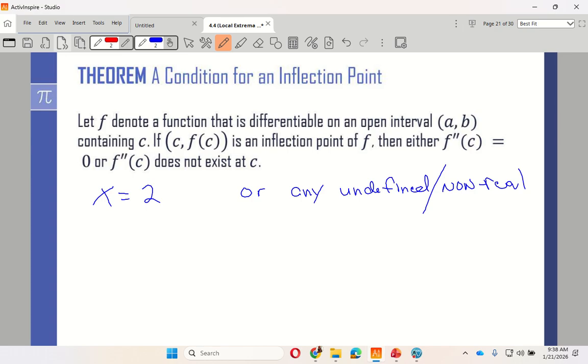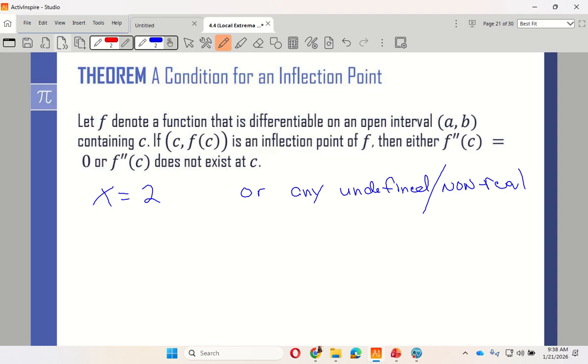So is it saying that if the first derivative is an inflection point, then that's what it's saying? Yes.